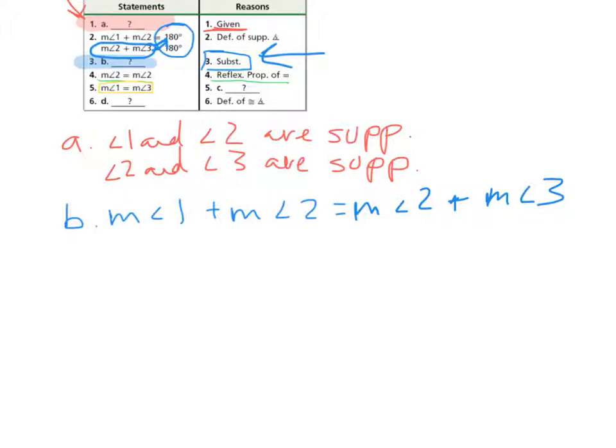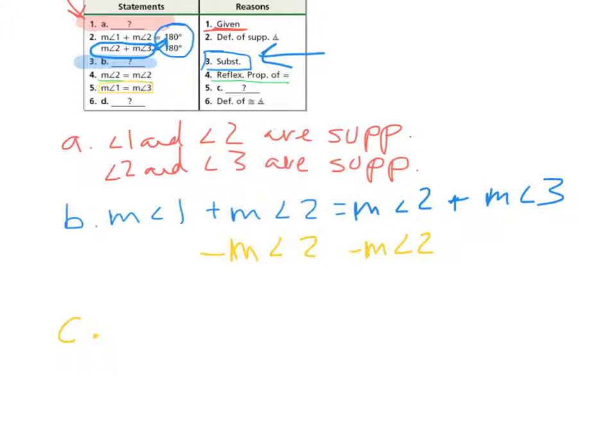If we're going from this to saying that the measure of angle 1 is equal to the measure of angle 3, how do we get rid of the measure of angle 2's that we have up in this equation? Subtract. So we subtract the measure of angle 2 from both sides of the equal sign. And we're left with the measure of angle 1 is equal to the measure of angle 3.